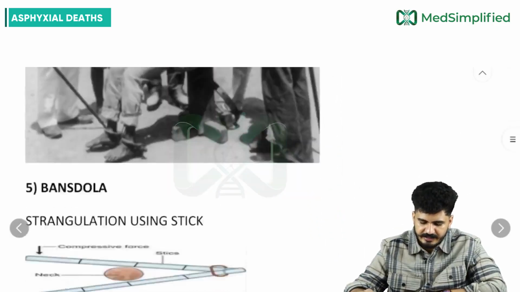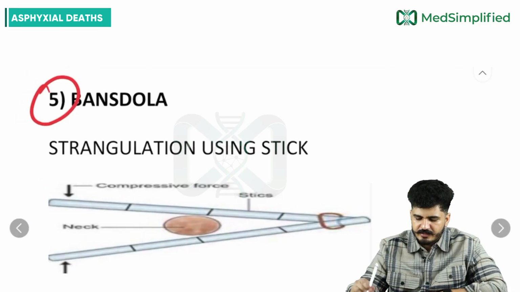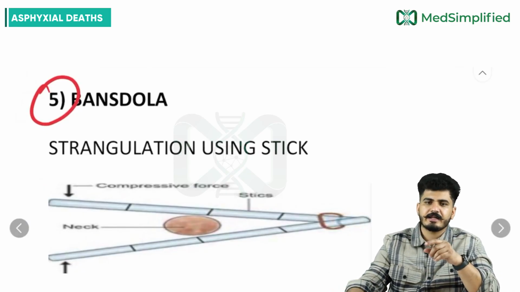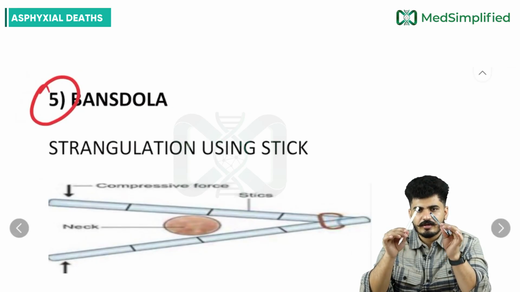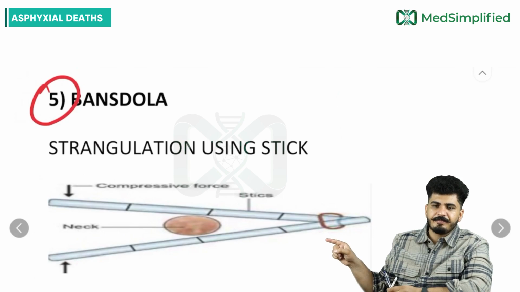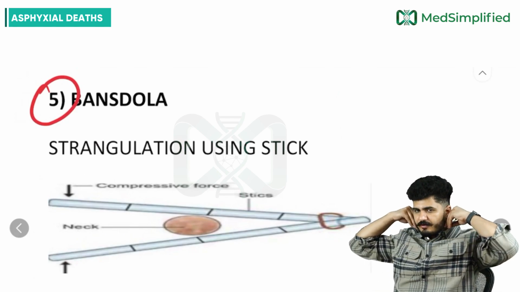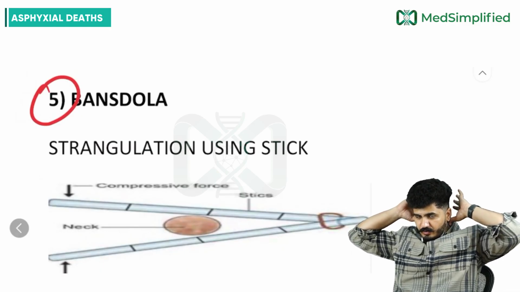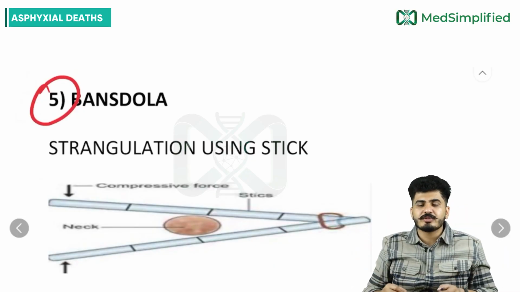The fifth one is Bansdola. What is Bansdola? You can see they take two sticks, and between these two sticks, from one end, it is tied up like this, and between them there will be the neck. You will try to bring the other two ends near.